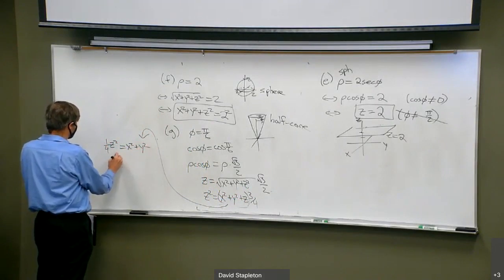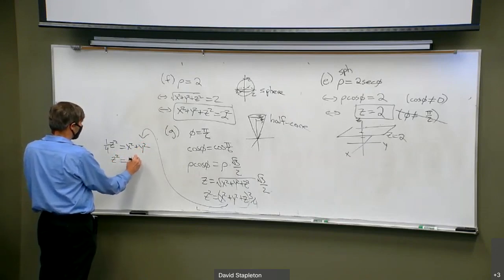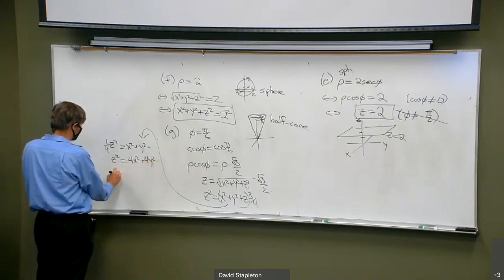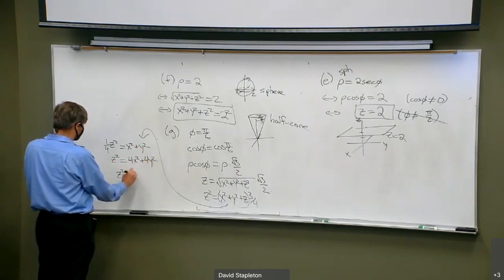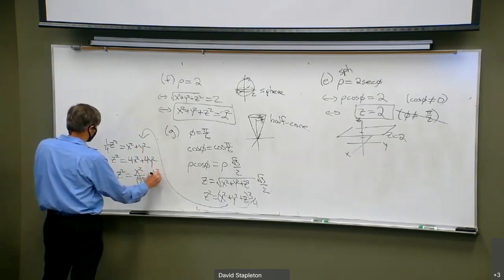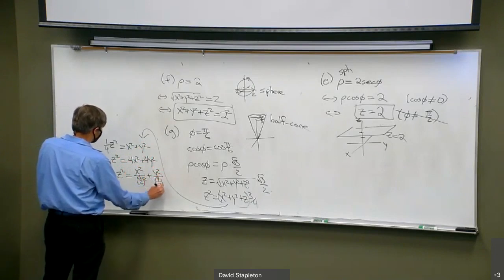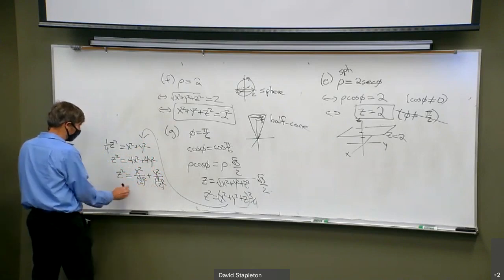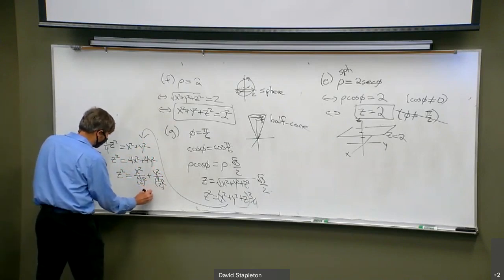Consequently, z squared equals 4x squared plus 4y squared. And now you start to see the equation of the cone coming out. This is z squared equals x squared over a half squared plus y squared over a half squared. That was the standard equation for a cone: x squared over a squared plus y squared over b squared equals z squared is a cone.